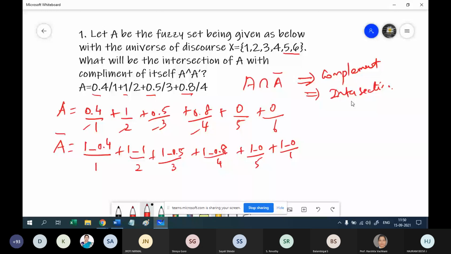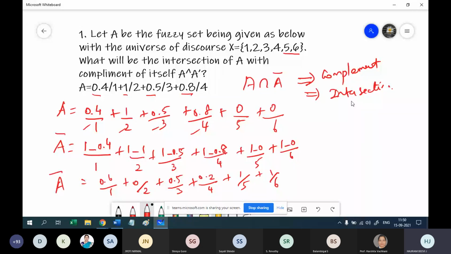So this one becomes 0.6 by 1, 1 minus 1 it is 0, 1 minus 0.5 it is 0.5, then 1 minus 0.8 means it is 0.2, then 1, then 1. Okay, so now the A bar value is 0.6 by 1 plus 0 by 2 plus 0.5 by 3, then 0.2 by 4, then 1 by 5, then 1 by 6. So we complete the complement operation.